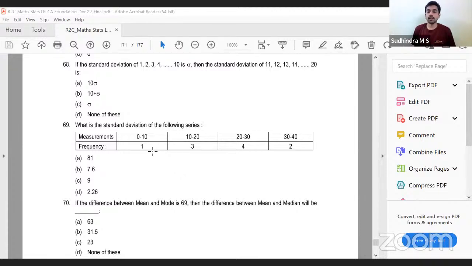Very good. So they have given us mean minus mode is 69.